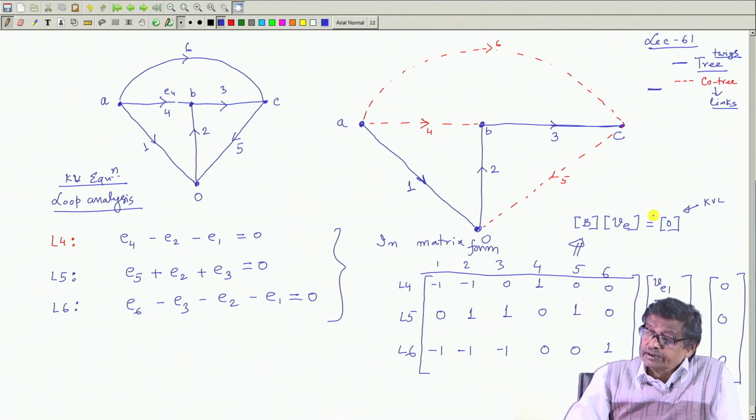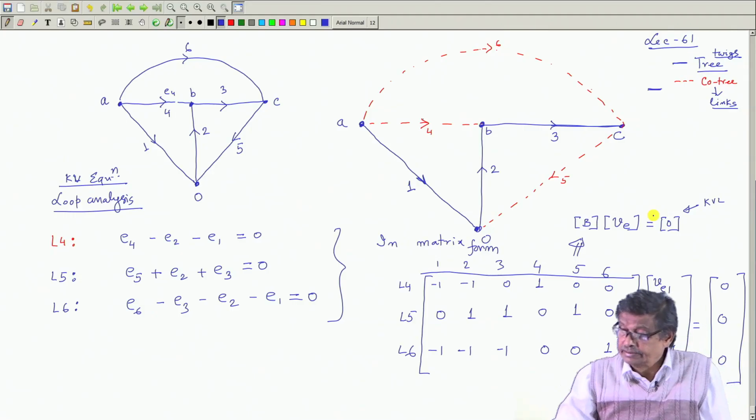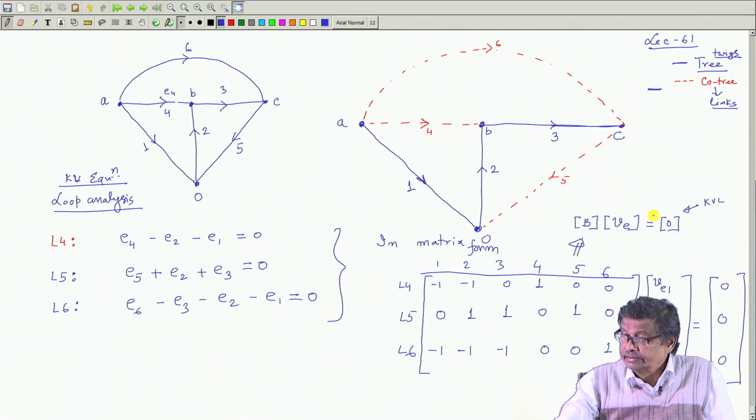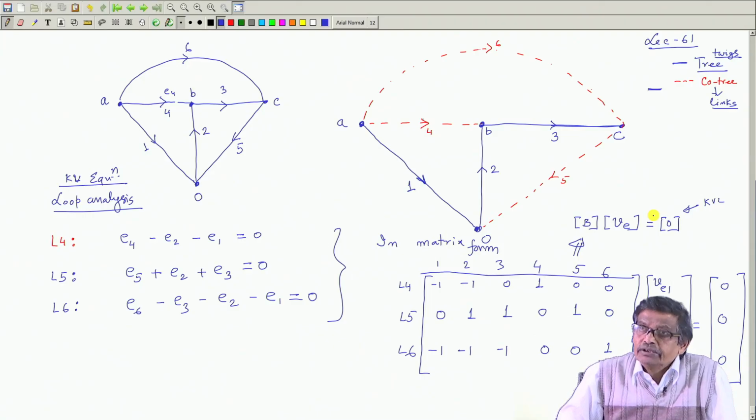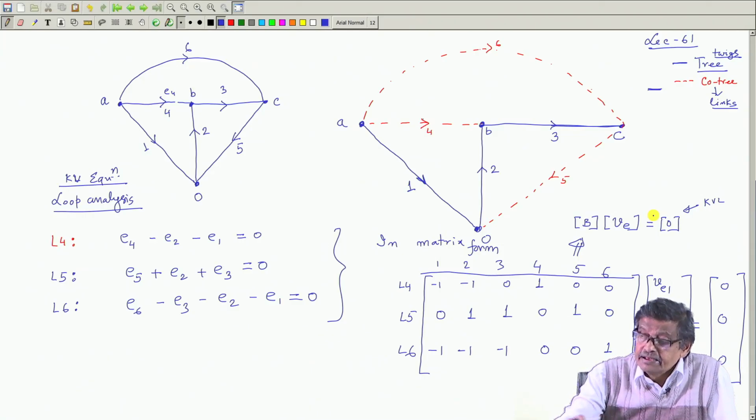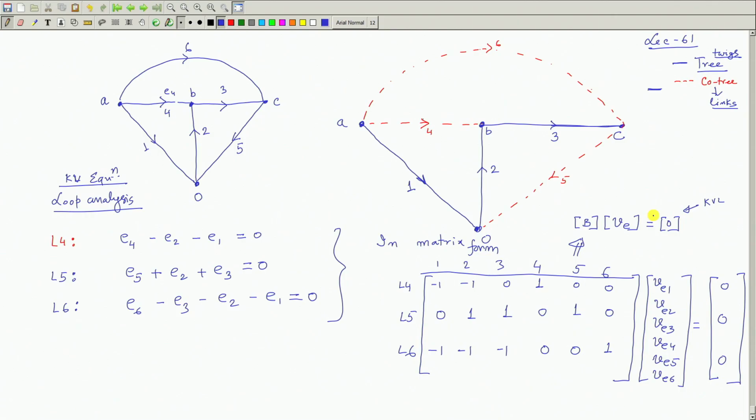Now, after you get these KVL equations, we will try to see how the link currents will be related with element currents. The next question I asked, because it is loop analysis I will be doing essentially by drawing a tree, etcetera. But in loop analysis, what do you need?